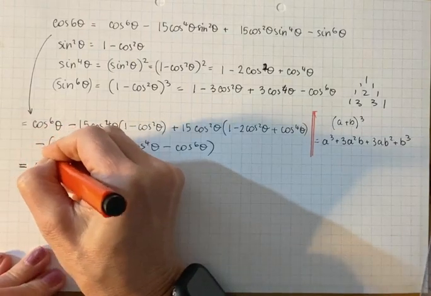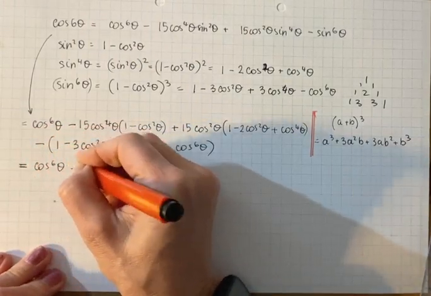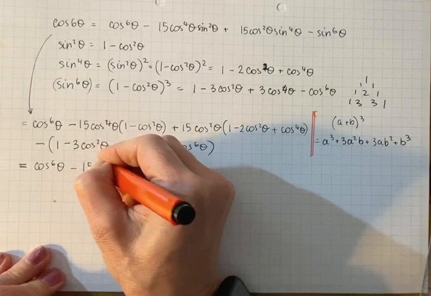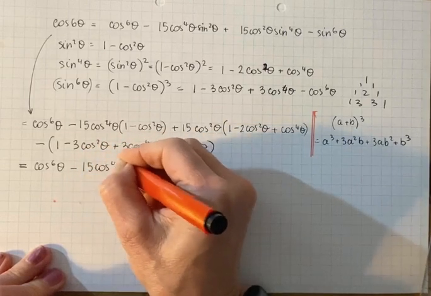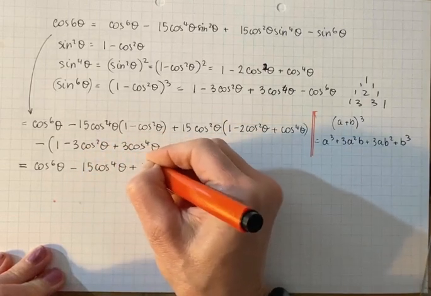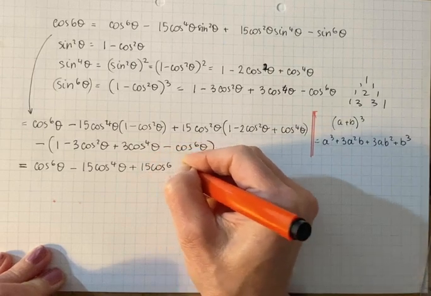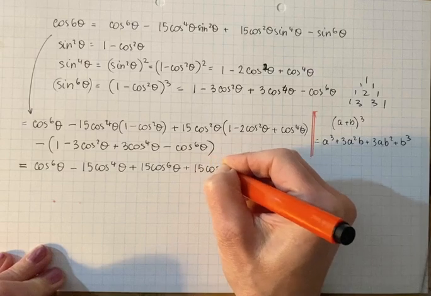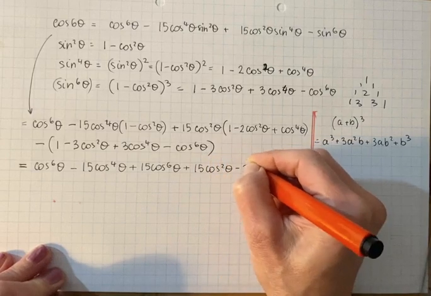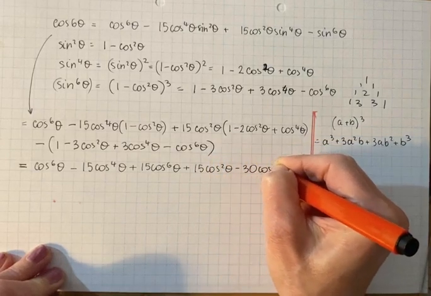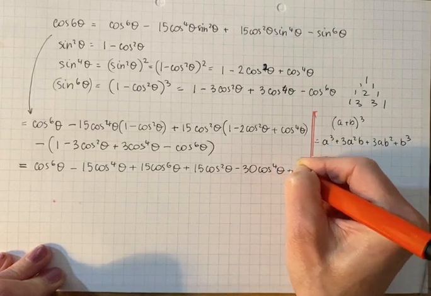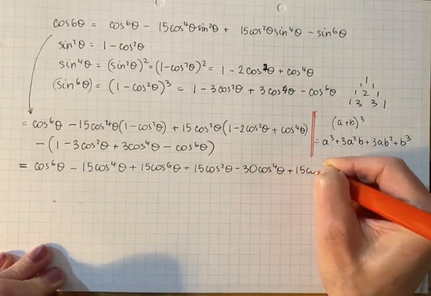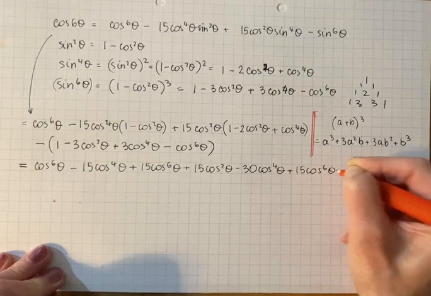So it's cos to the power 6 theta minus 15 cos to the power 4 theta plus 15 cos to the power 6 theta plus 15 cos squared theta minus 30 cos to the power 4 theta plus 15 cos to the power 6 theta.